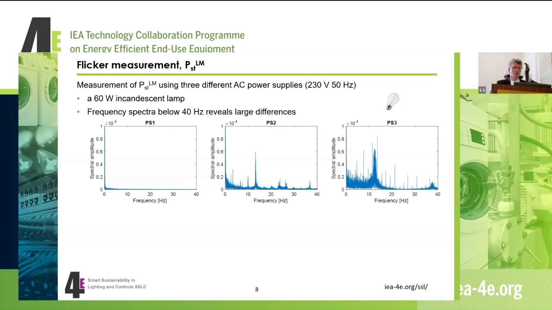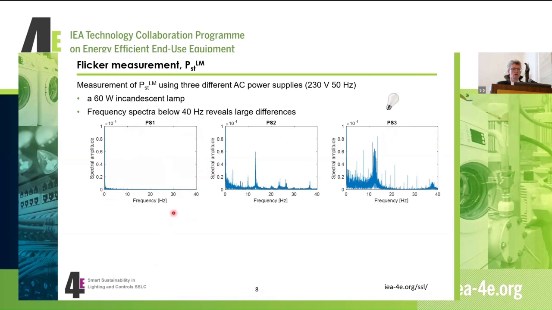So we tried to look into this a bit more, looking at the frequency spectra of the measured waveforms. We've done that for the 3 power supplies here, PS1, PS2, and PS3. What you can see is that there's almost no noise for PS1.